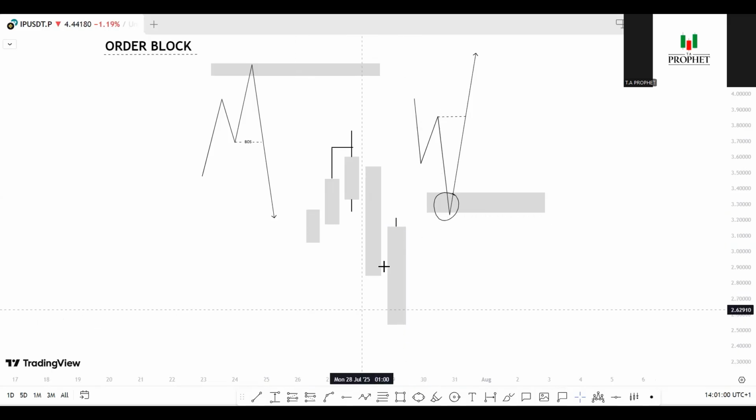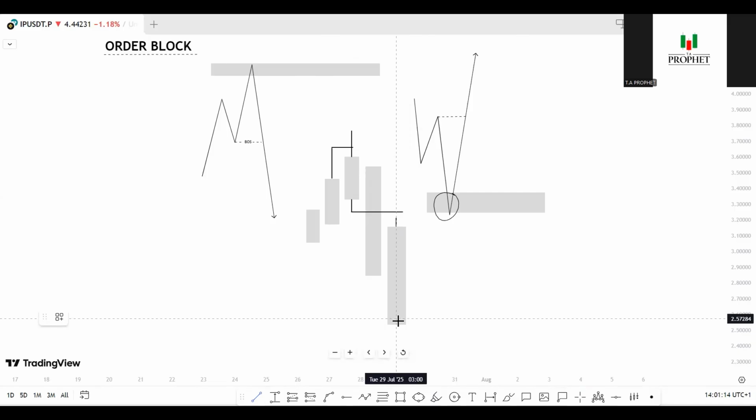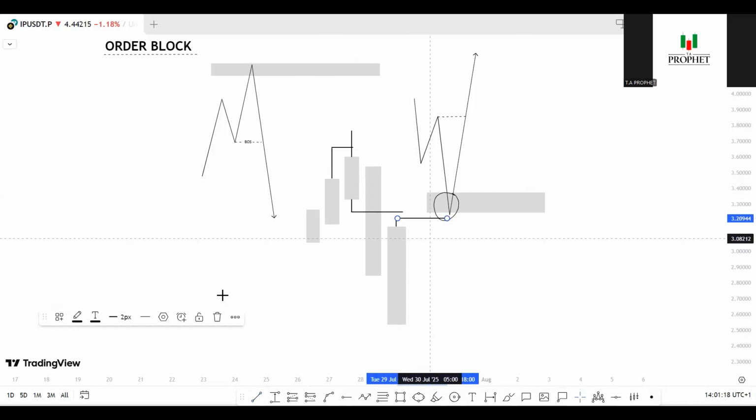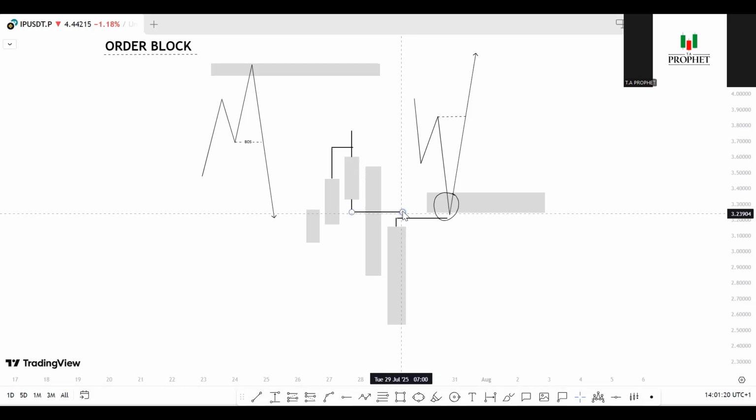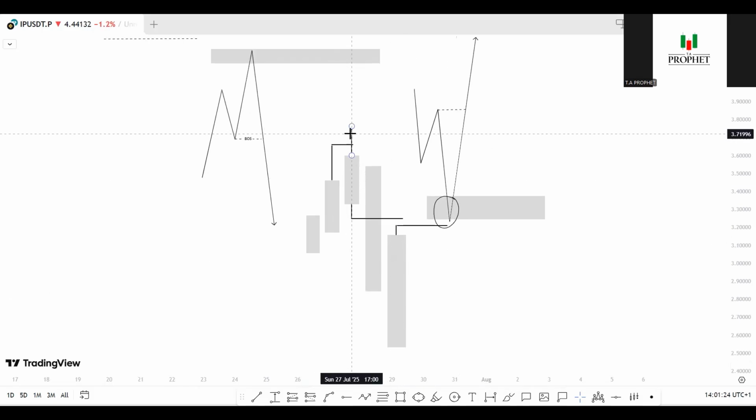Now, this is a fair value gap. The distance or the space between this order block candle low and this third candle, not this second, this third candle, the high. The space in between is your fair value gap. So this candle must have a valid fair value gap or an imbalance.